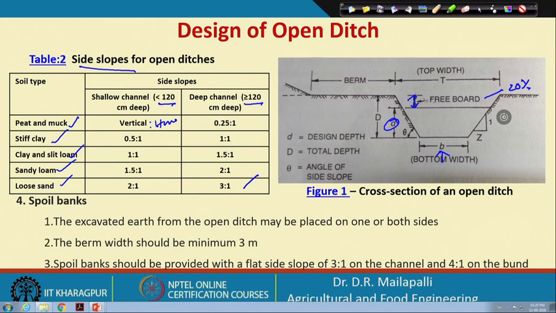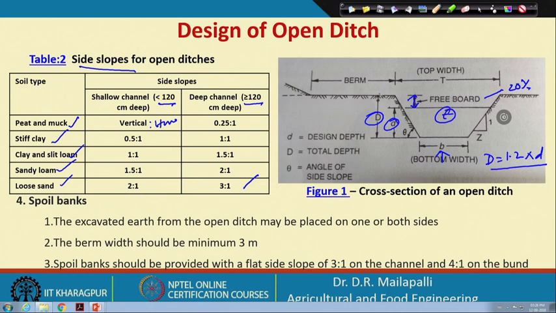Once we put the capital D, you can find out the top width according to the capital D. Let us say if the maximum is 20%, that is 1.2 times D. So, knowing the capital D, you can update the top width accordingly.